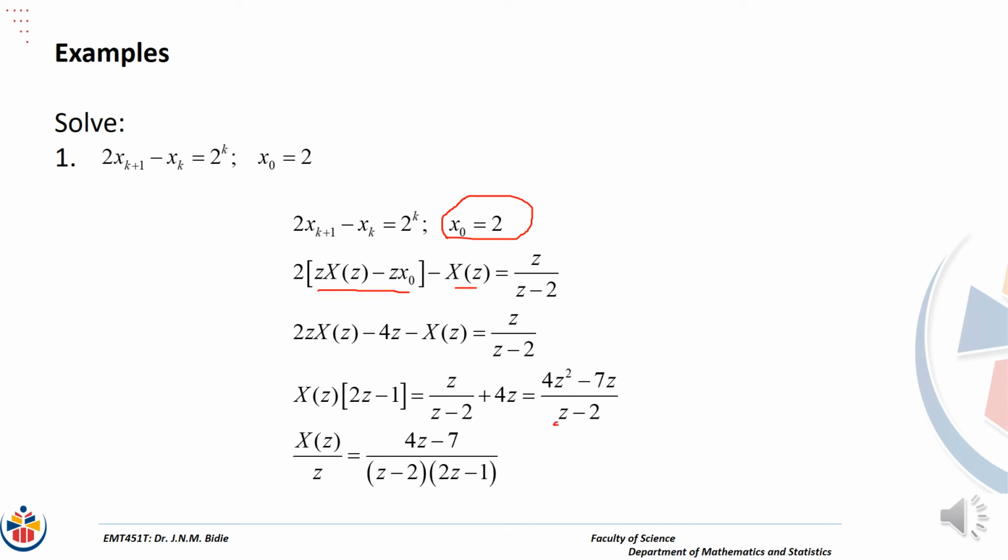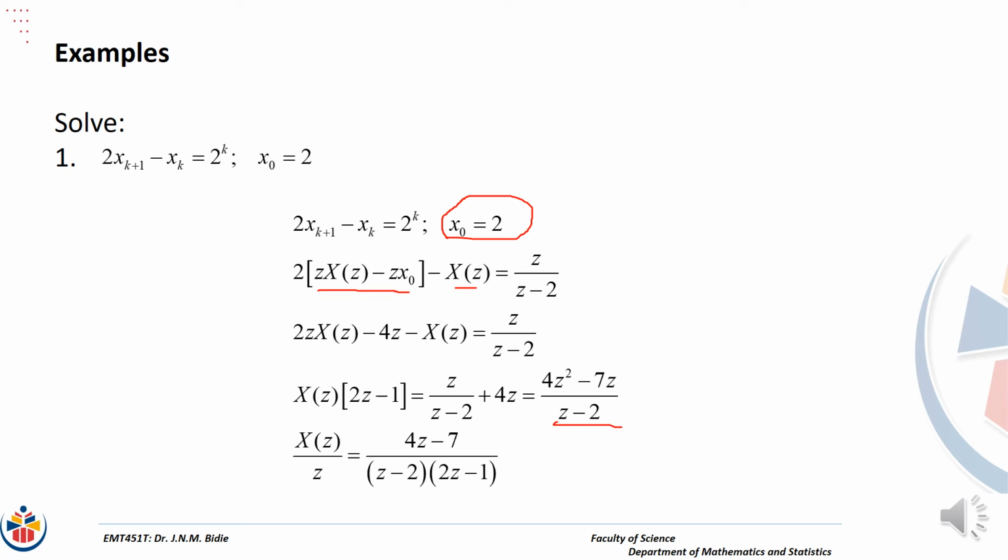I simplified that, and thereafter took out the common factor in the numerator, which is z, so that we have 4z minus 7 in the numerator. And then in the denominator, remember there is that 2z minus 1 that has to be transferred. So we have 2z minus 1 into z minus 2.